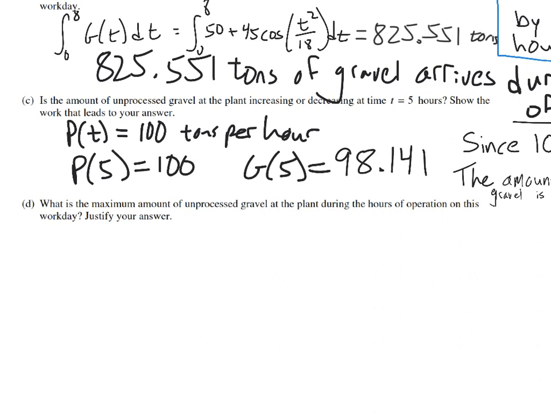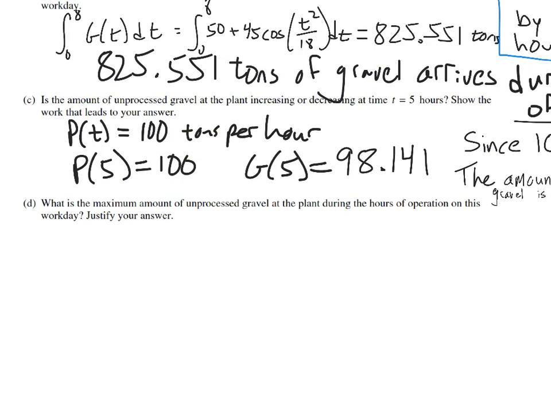Now the next one here is kind of a challenging one. We've got to keep things straight here because G of t is the rate and P of t is the rate. Okay, so we want the maximum amount of unprocessed gravel at some time during the hours of operation during the workday.